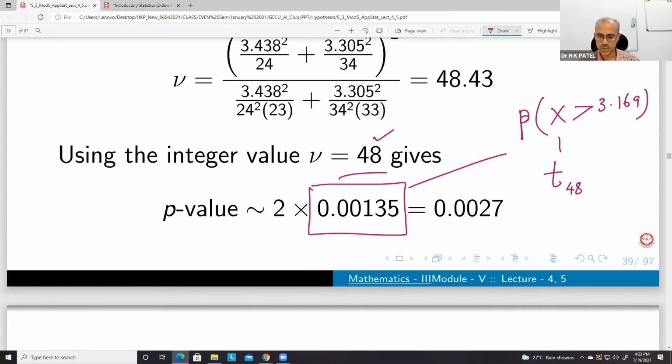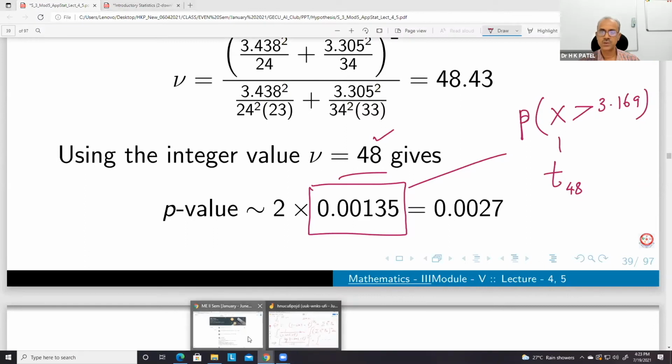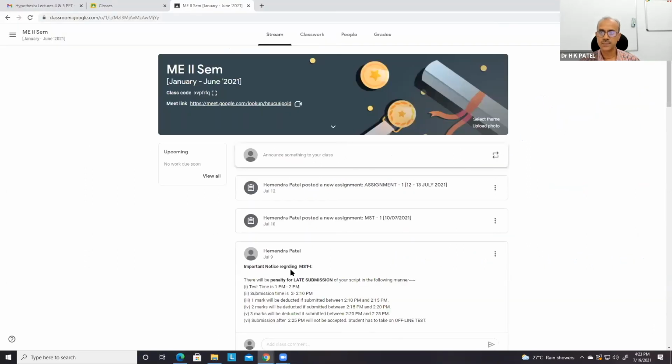For that, we have to use one of the technology here.